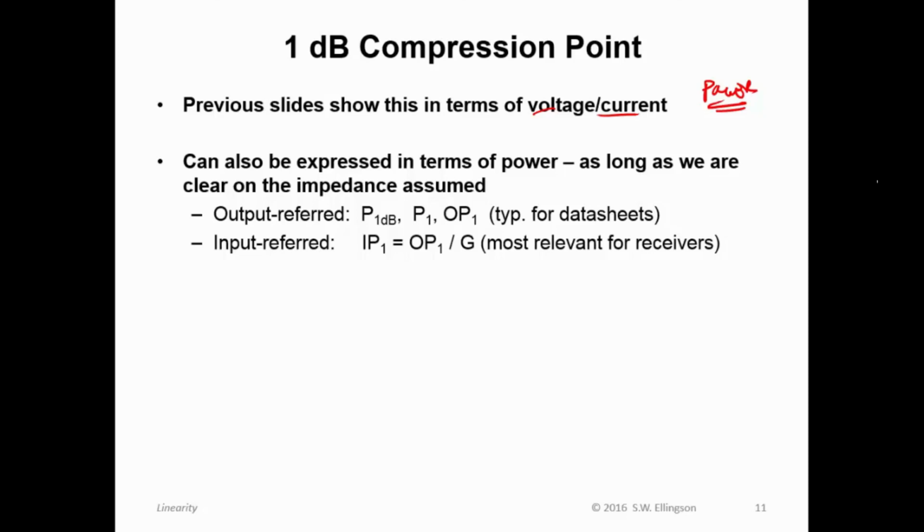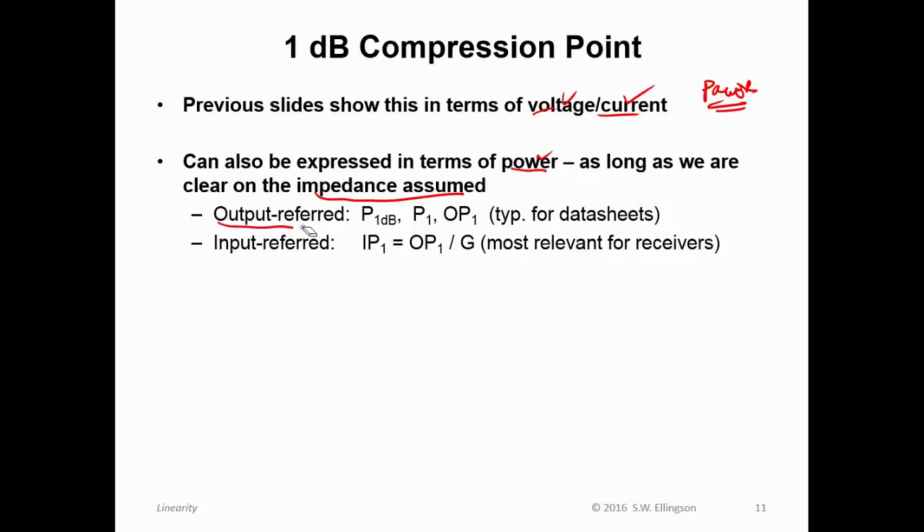So all these things can be expressed in terms of power as long as we're clear about the impedance assumed. Remember, voltage and current are unambiguous, but when we talk about power, we've made some assumption about what impedances we're talking about. As long as we're clear about what impedance we're operating at, we can immediately get power, because once we have impedance and voltage, or impedance and current, we can get power.